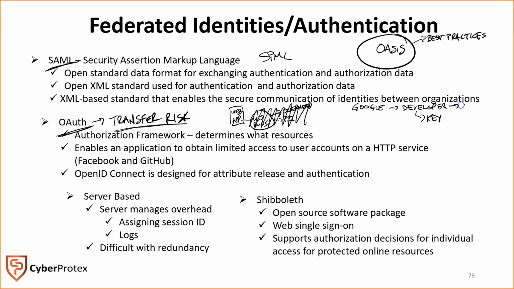Let's say the developer works for CyberProtects. You can do this with Facebook, Apple, GitHub, Instagram, Snapchat, whatever you're using. If you are a developer for whatever platform, and we're using Google as one example here, you register as a developer for whatever organization you are, and Google will issue you a key. That key belongs to that organization.